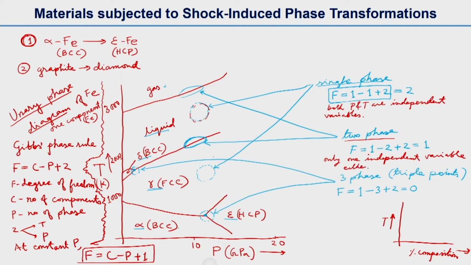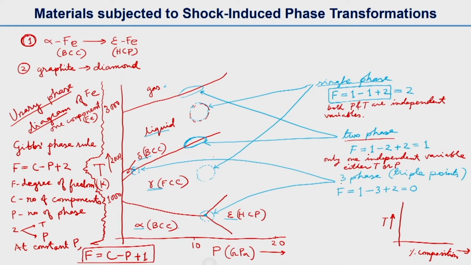either T or P. So if you see on these lines, that means the two phase regions. If you fix the pressure, then you cannot vary the temperature, because temperature is fixed at those particular values of pressure. Similarly on the other way also, so on these lines we can vary only one variable, the other variable is automatically fixed.